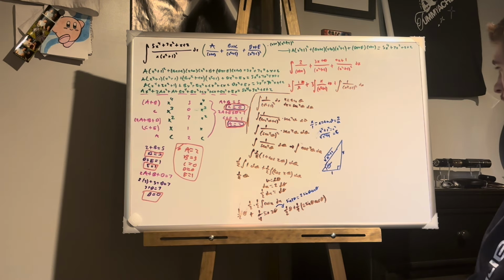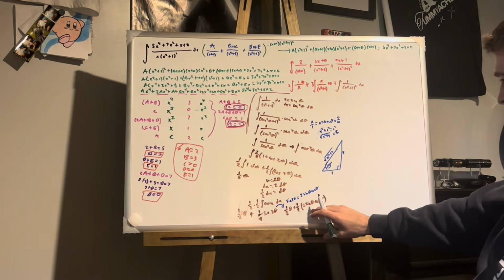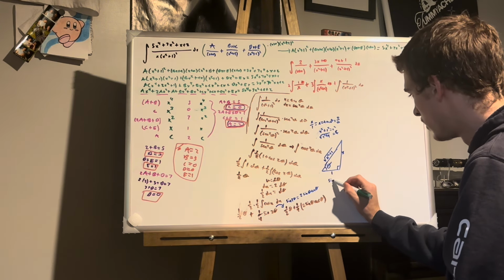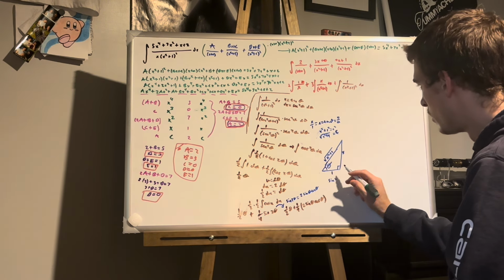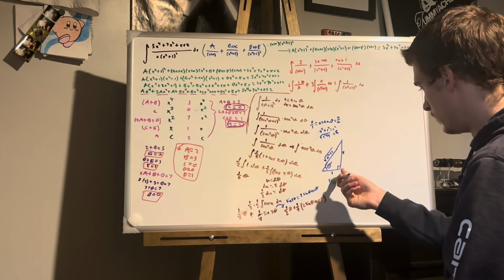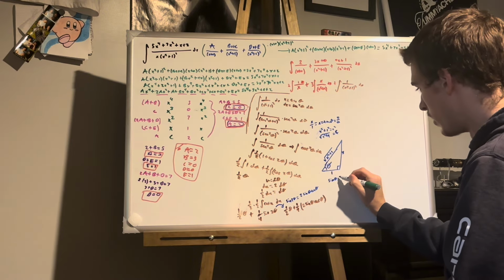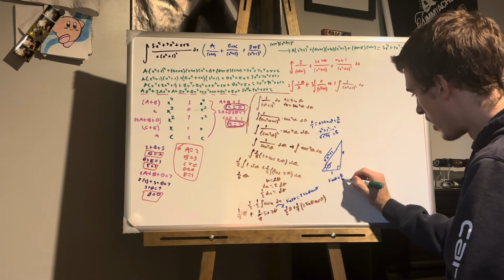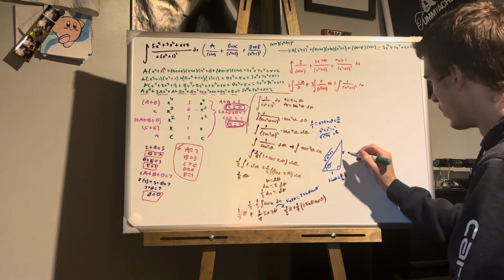Now that we have that information, we need to understand how we can sub that in for sine and cosine. So sine of theta is equal to opposite over hypotenuse, which is equal to, what's our opposite?